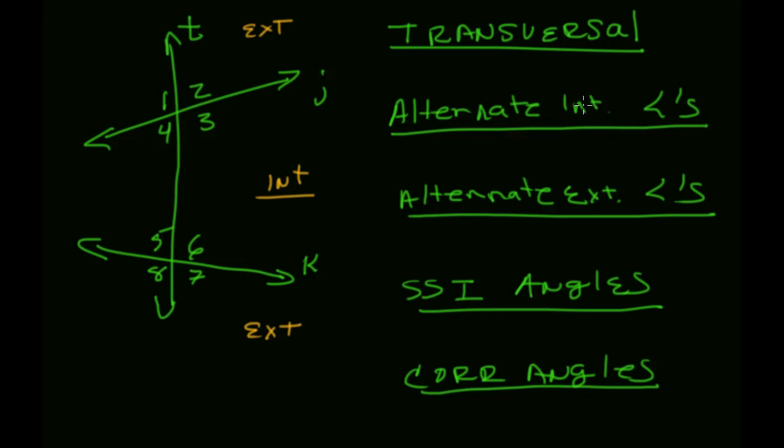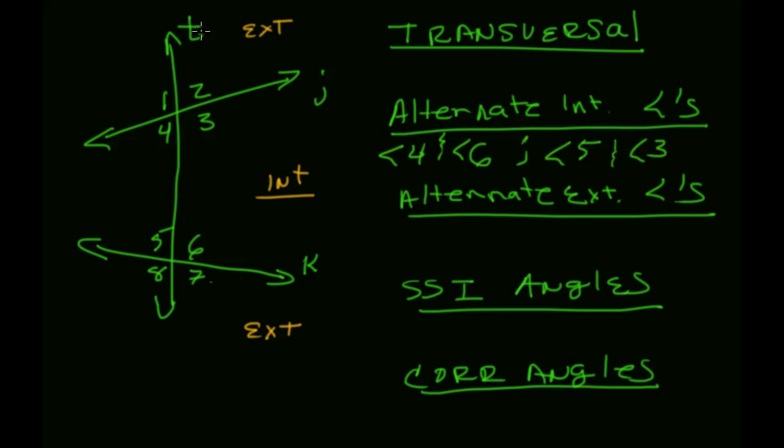If they're alternate interiors, they're on opposite sides of the transversal. So one pair of alternate interior angles is 4 and 6. They're both in the interior, but they're on the opposite sides of the transversal. Another pair here is 5 and 3. Okay, so 5 and 3 are also in the interior, but on opposite sides of the transversal.